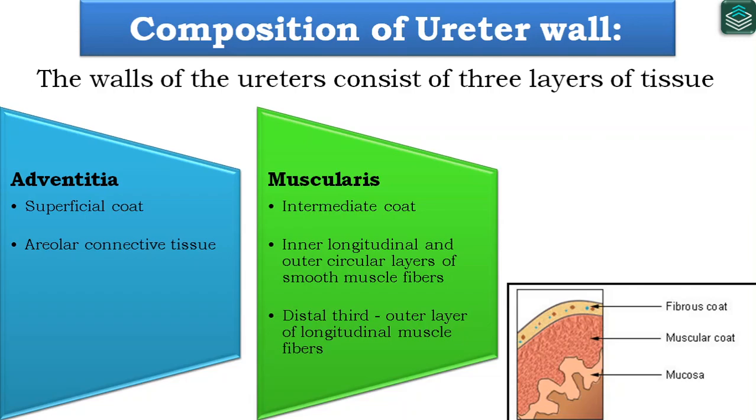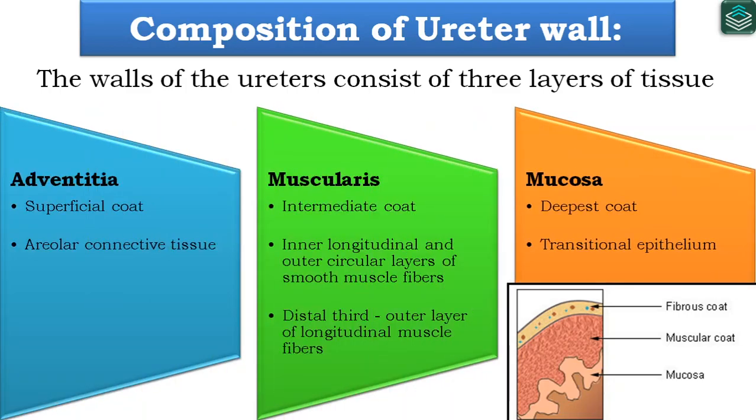It has inner longitudinal and outer circular layers of smooth muscle fibers, whereas the distal third portion has an outer layer of longitudinal muscle fibers. So at the distal third, the ureter has 3 layers: inner longitudinal, middle circular and outer longitudinal. Peristalsis is the major function of the muscularis.